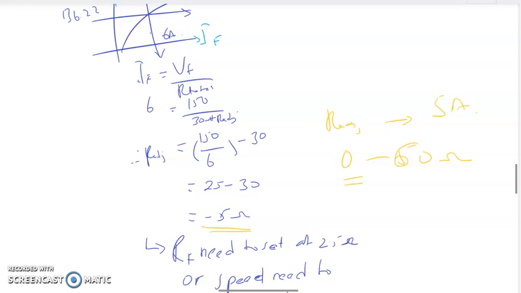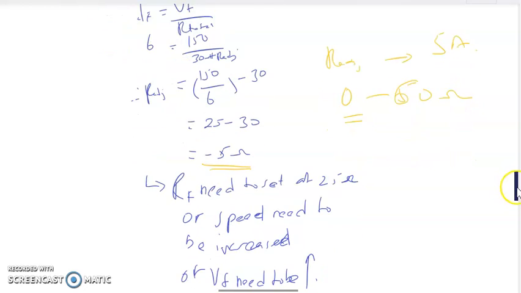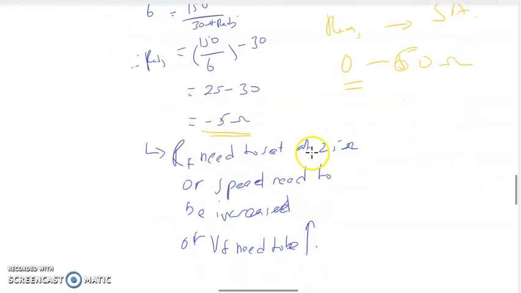So this is the issue. The comment is that the RF would need to be set at 25 ohm to get 6 ampere, or the speed needs to be increased. We are now setting 1800 RPM, so if we need higher EA, we need to increase the RPM.